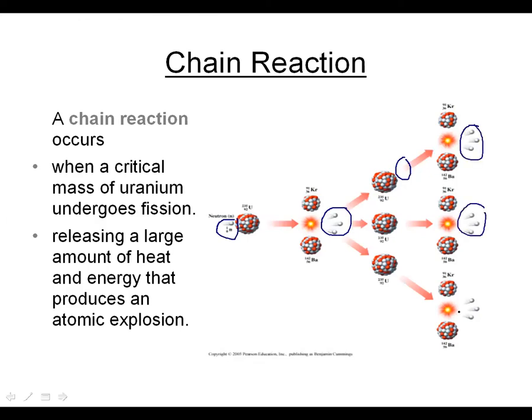These neutrons can continue to hit more uranium and continue this process. As you can see, it's growing exponentially, with energy being released every time, until an enormous amount of energy is being released in these chain processes.